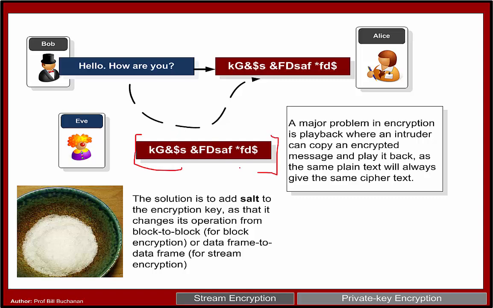She maybe doesn't know what's in it, but Eve can generally just play that back again and again, and can even copy and paste messages together and put them together in ciphertext that make actual sense. So what we do is we add salt to the encryption algorithm to make sure that every single time we encrypt, the same message will get a different cipher block, so it makes it more difficult for it to be interpreted or used again.